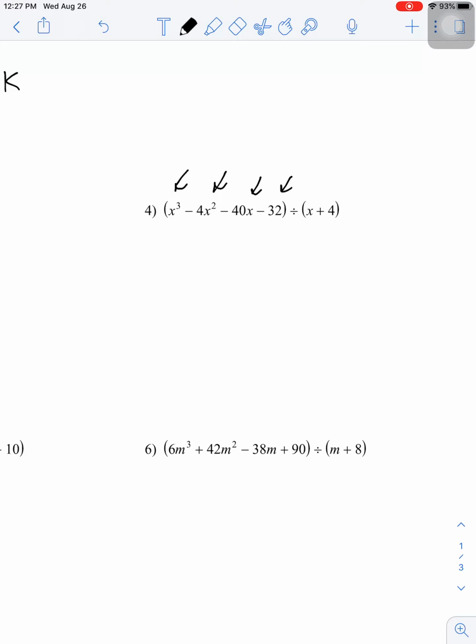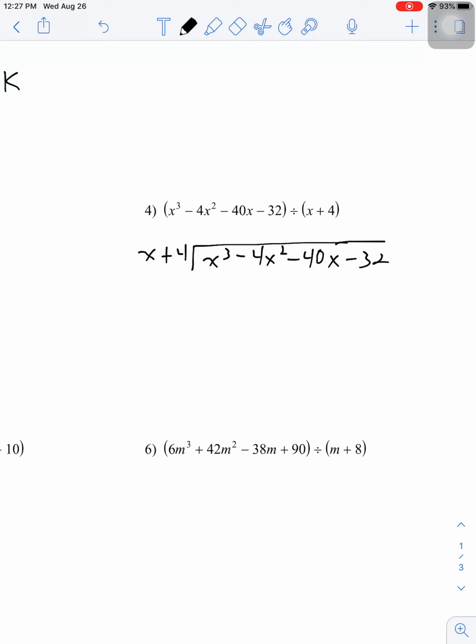So we're good to go here. We don't have anything missing. So then you can go right into your long division process. So you've got x plus 4, and then we're going to take the x cubed minus 4x squared minus 40x minus 32.